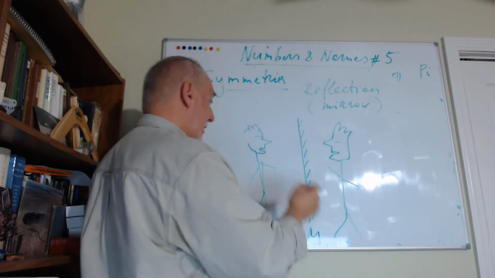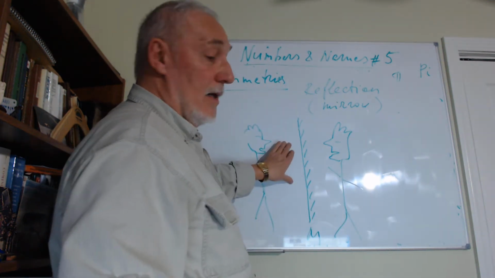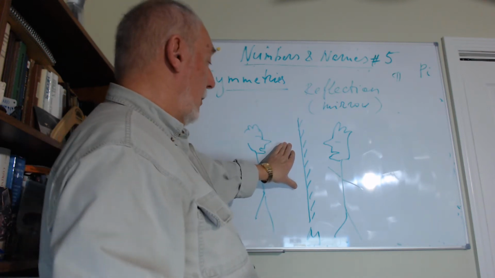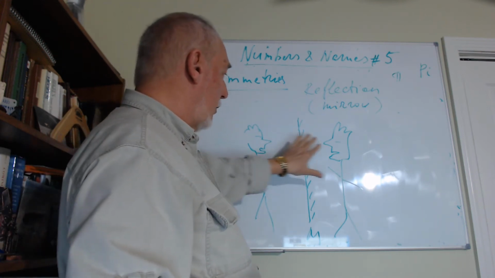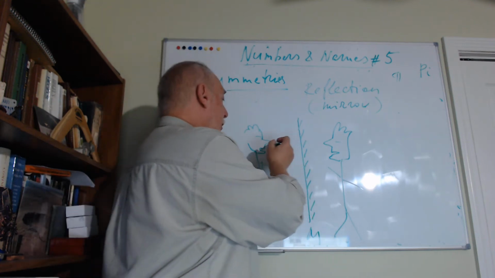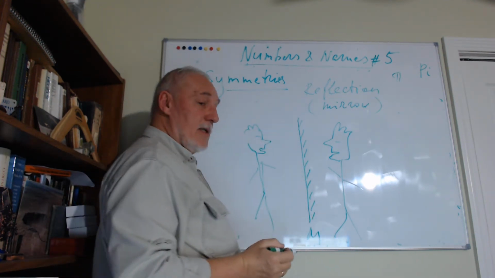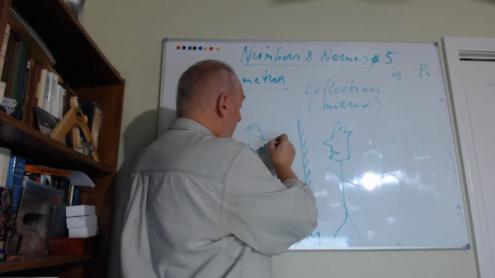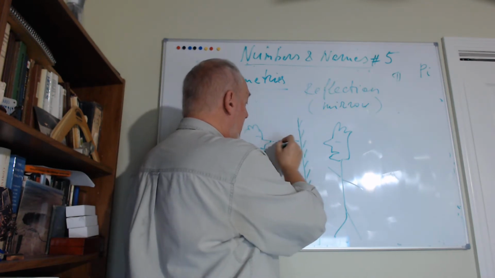So how, geometrically or mathematically, do you actually find out what is going on here? You take one point, like the tip of your nose, for example. You put a perpendicular. You know what perpendicular means?